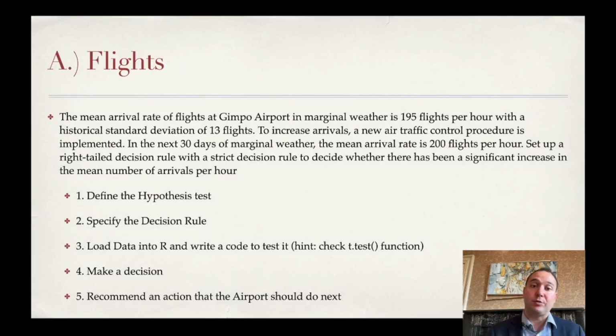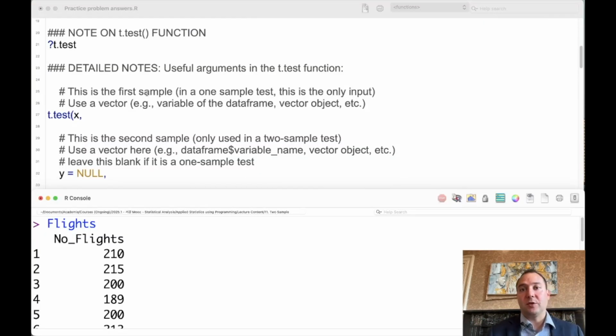Let's look back at this problem. We have 195 flights per hour historically. This seems like a good assumption that the null hypothesis is Gimpo has 195 flights per hour. Okay, so how do we do a hypothesis test?